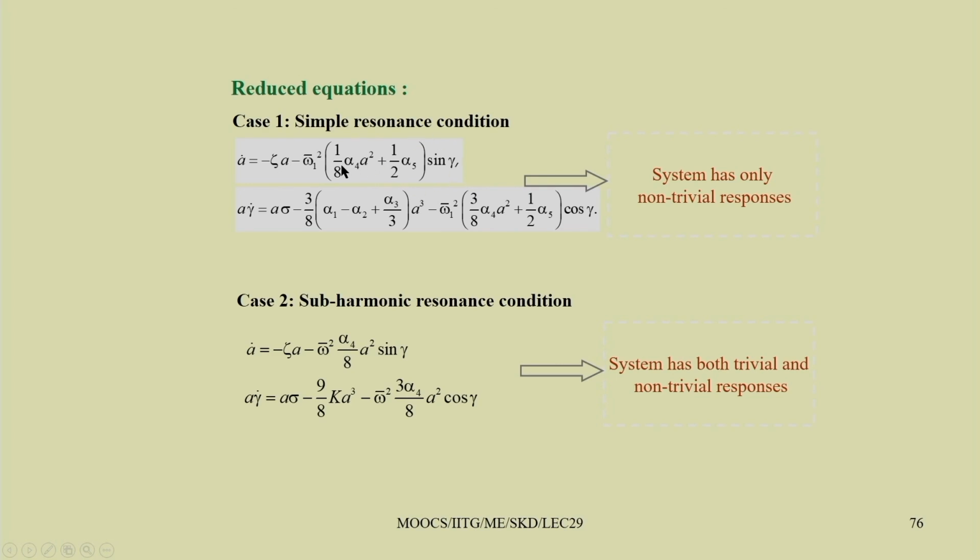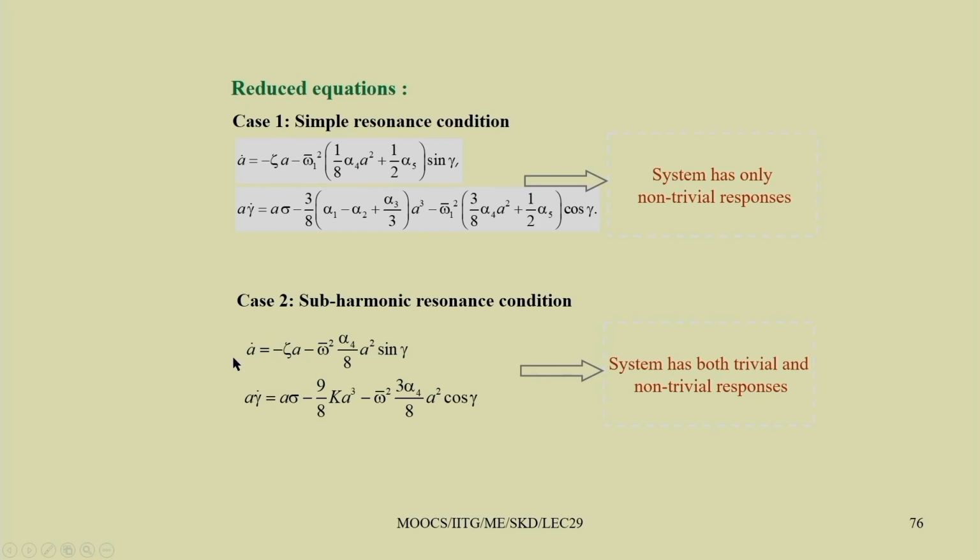So you cannot take a common factor to make it equal to 0. So there is no trivial state and the system has only a non-trivial response. By substituting a dash equal to 0 and gamma dash equal to 0, you can get an equation. Similarly, for the subharmonic resonance condition, the system has both trivial and non-trivial response, because here you can take a common factor.